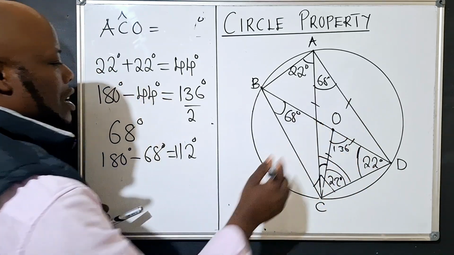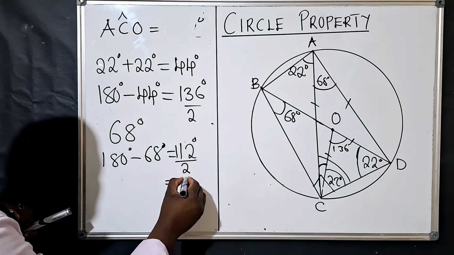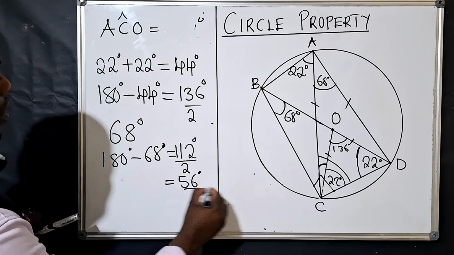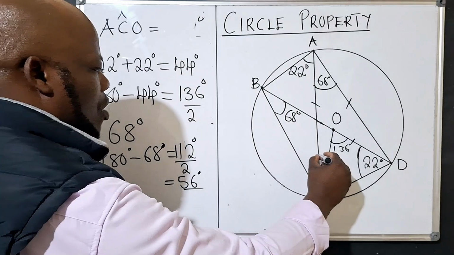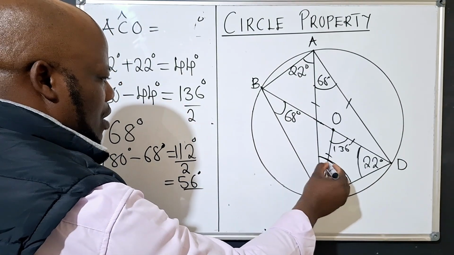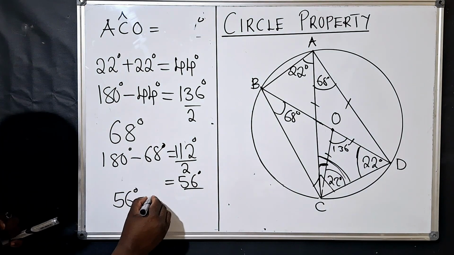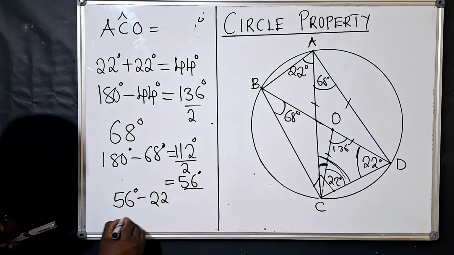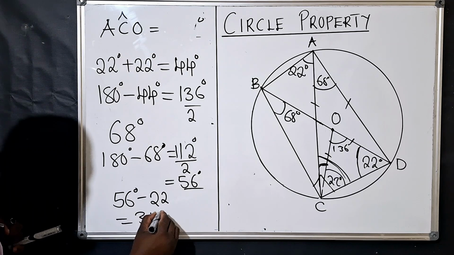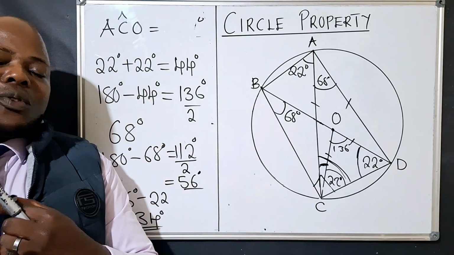Remember, we're dealing with an isosceles triangle. So we're going to divide by 2, and this will give us 56 degrees. So the 56 is an angle here, and also here it's 56. Now to find this angle that we are looking for, we'll say 56 degrees minus 22, and it will give us 34 degrees. So our answer for question C is 34 degrees.